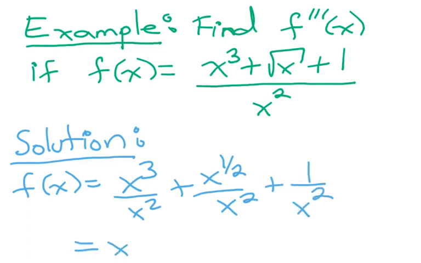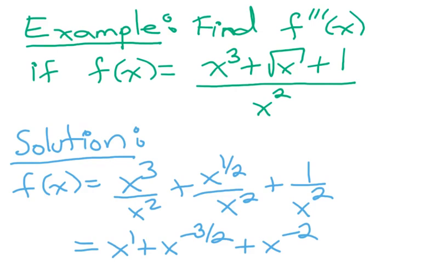In other words, this is going to be x plus x to the negative 3/2 plus x to the negative 2. So we've taken something which doesn't immediately look like power rules and rewritten it using proper algebra steps into something that is. Now at this point we can take the first derivative, we can take the second derivative, we could take however many derivatives we need.